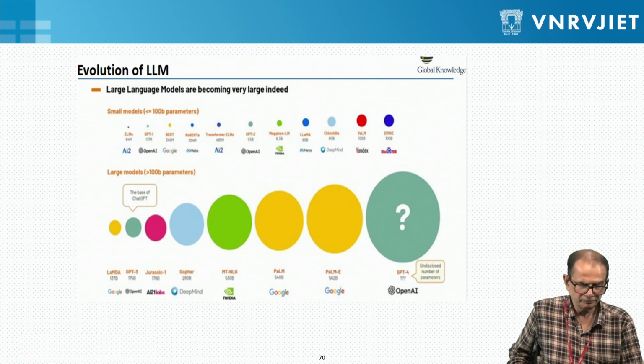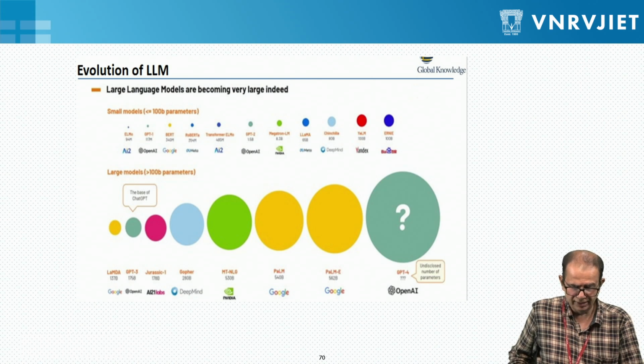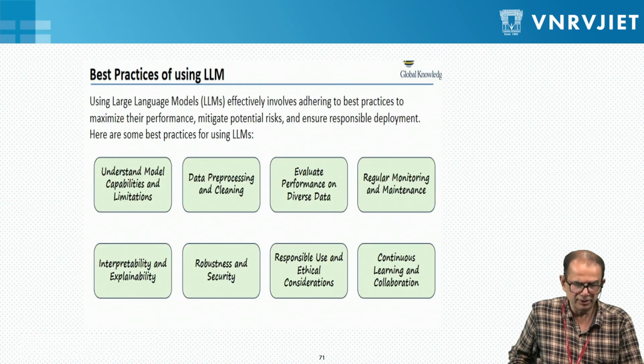Okay, as you can see out here, this is basically the evolution of the LLM. Okay, so we have gone from the low parameters model to the high parameters model. That is what we have been doing and going ahead with the LLM creation. Okay.